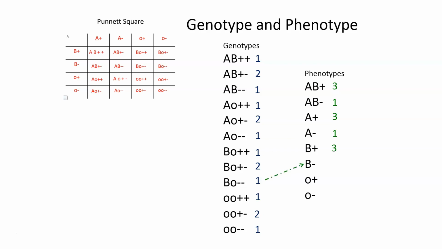The B negative is going to have a B and 2 negatives, and we've got 1 of those. The O positive is going to have 2 O's and 1 positive, and we've got 3 of those. And the O negative, we've got 1 of those.